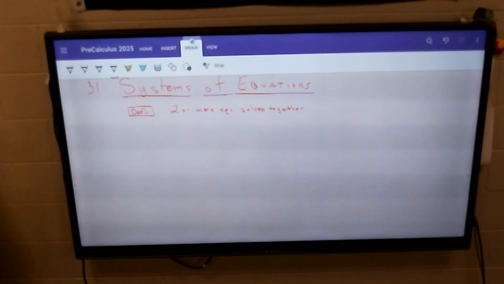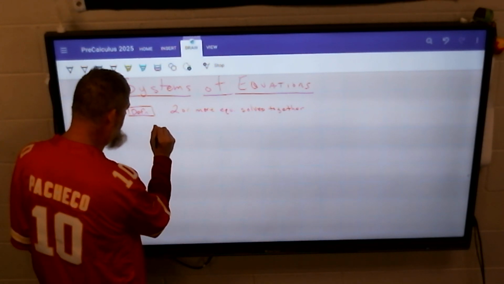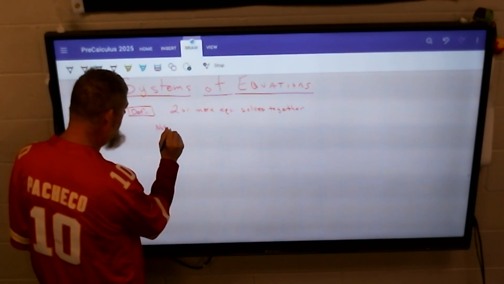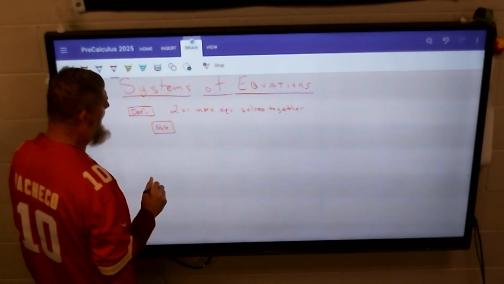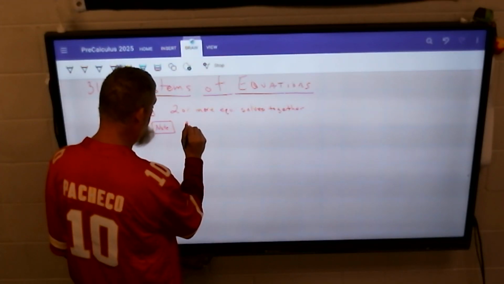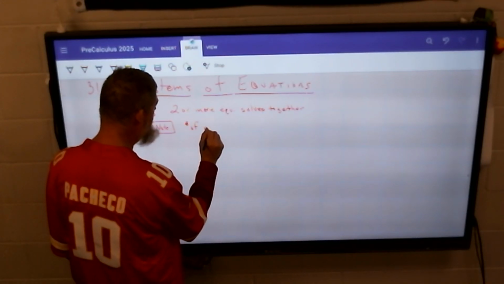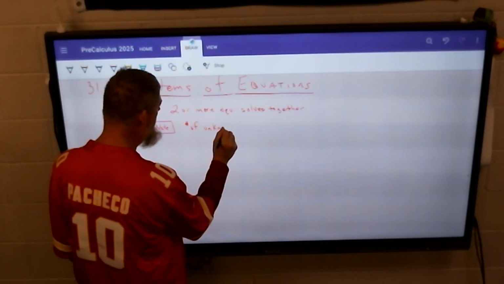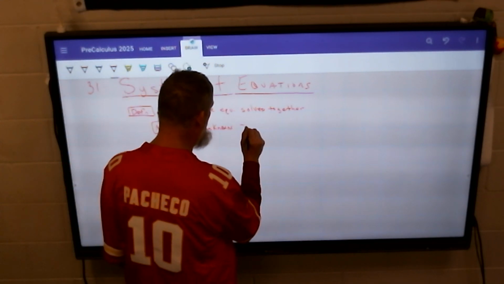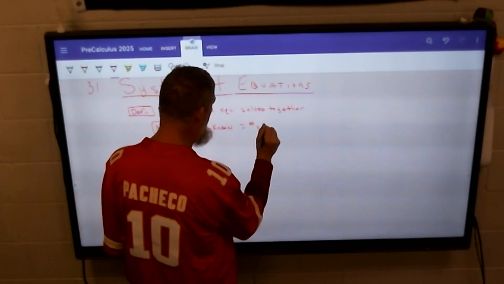It's all right. Now, here's the note we have to know about this. And that is the number of unknowns must be equal to the number of equations.